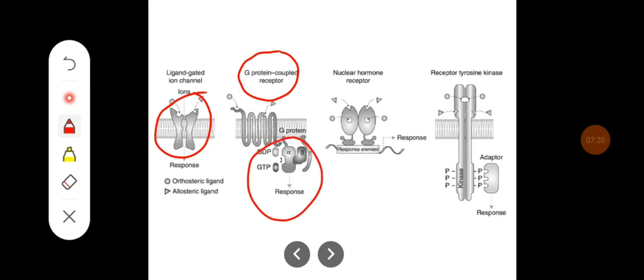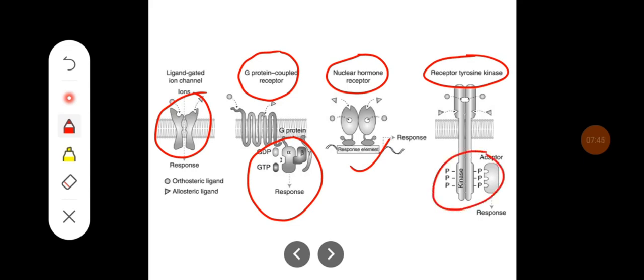Then the nuclear hormone receptors, where the ligand can cross the cell membrane and bind directly to the receptor in the nucleus. Then we have receptor tyrosine kinases, which bind to the specific hormones, and then by activating certain second messengers, they respond.